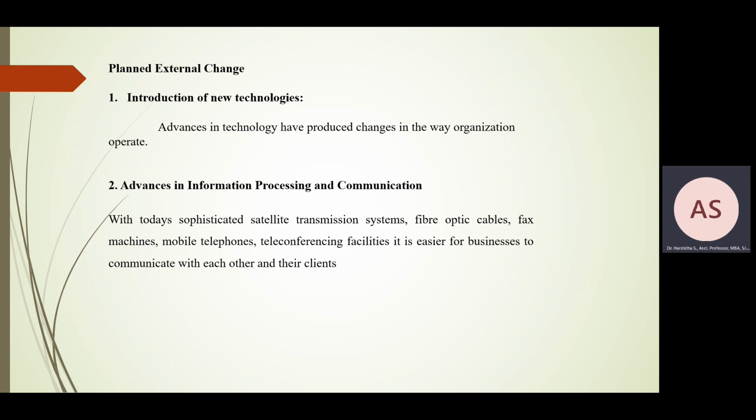Advances in technology have produced changes in the way organizations operate. Advances in information processing and communication. With today's sophisticated satellite transmission systems, fiber optic cables, fax machines, mobile telephones, teleconferencing facilities, it is easier for businesses to communicate with each other and the clients also.